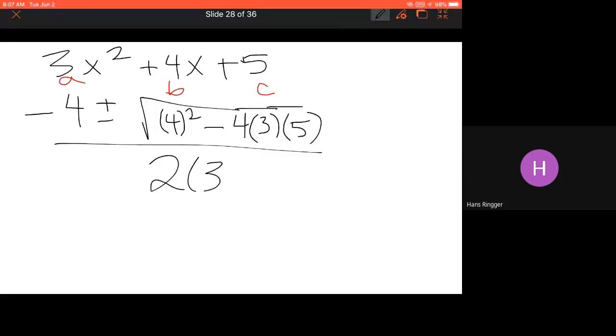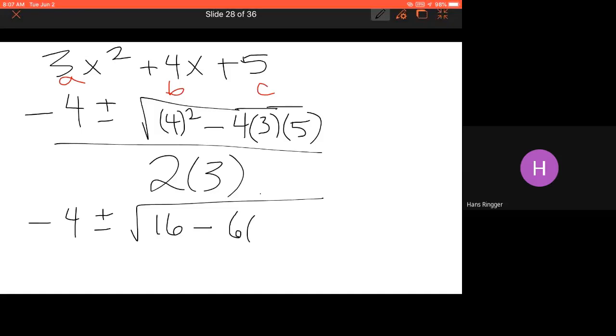All right, I'm going to simplify this out. We're going to multiply a bunch of stuff, start breaking it down. So we've got negative 4, that can't combine with anything yet, plus or minus the square root of 4 squared is 16, minus 4 times 3 is 12, and 12 times 5 is 60, divided by 6.